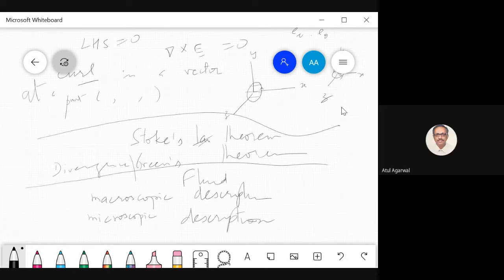Anybody? Anyone else? Yeah. Macroscopic is when we see a system at large, and microscopic is when we zoom in and in depth, like particle to particle analysis. Can you describe some macroscopic property and microscopic property?